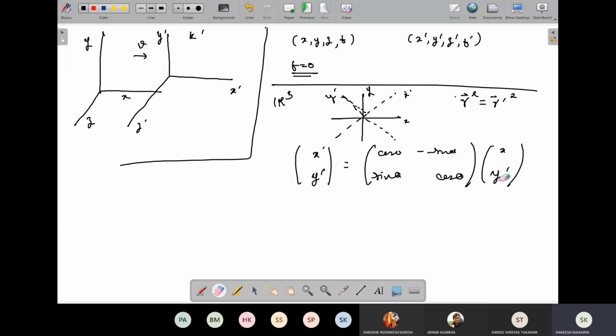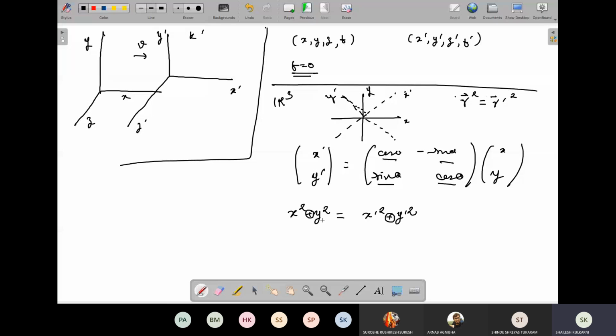These transformations will not change the distance of any point from the origin. That means this quantity remains unchanged: x square plus y square equals x prime square plus y prime square. Because of this plus sign you have these trigonometric functions, because essentially cos square plus sin square is 1. That is what is being used.